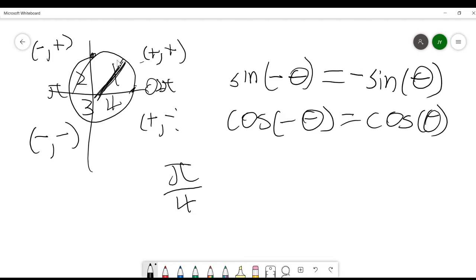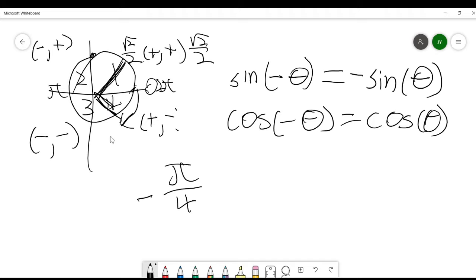Our x value is square root of 2 over 2, and y is also square root of 2 over 2. In this case, they're equal, right? But if you make this negative, where are we? When you make the angle negative, you go backwards. So you would be here.